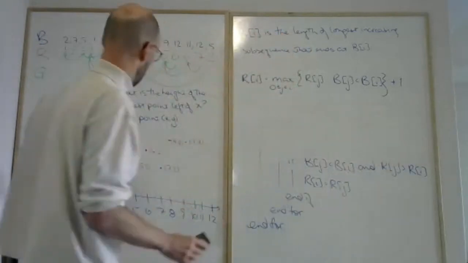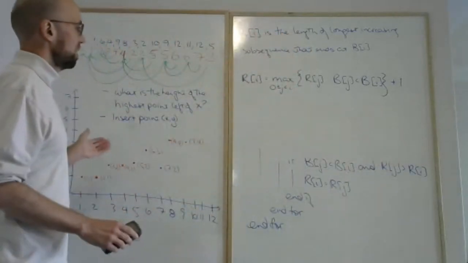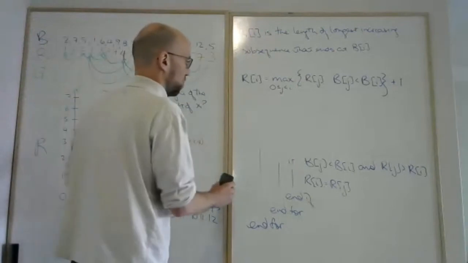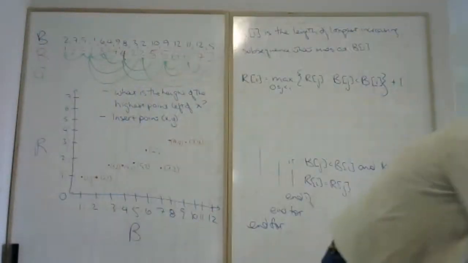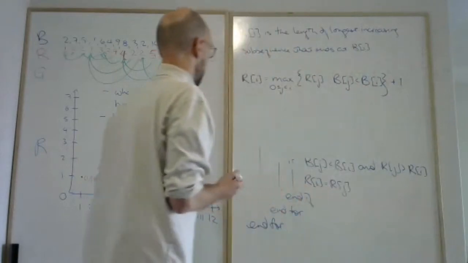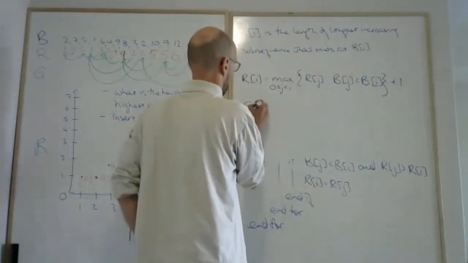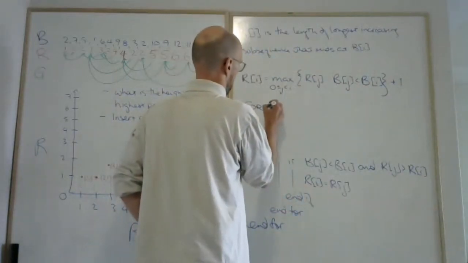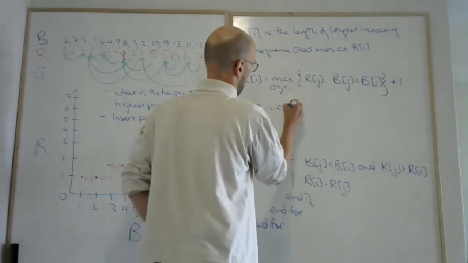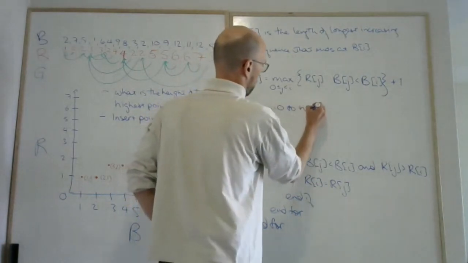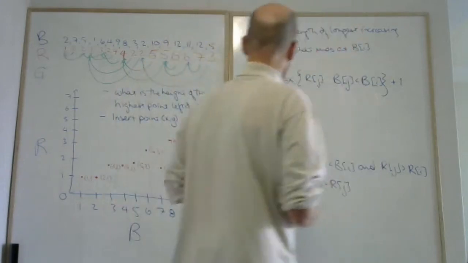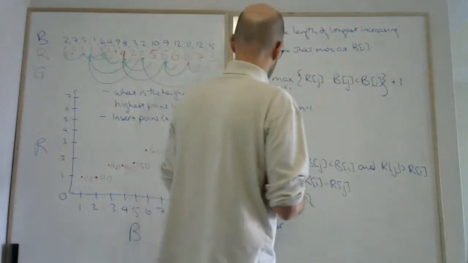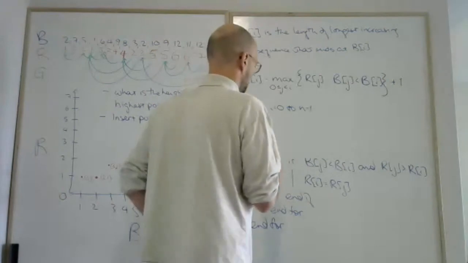Let's suppose that now we're going to say for i equals 0 to n minus 1.